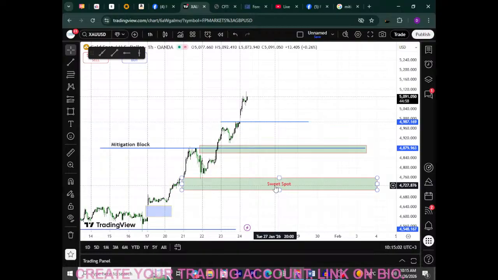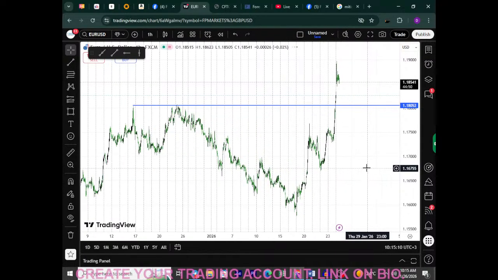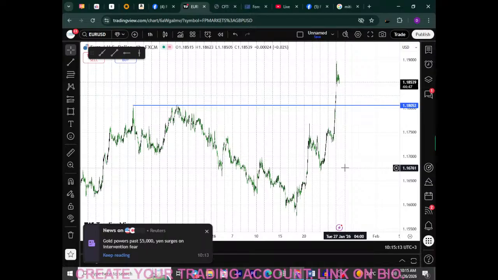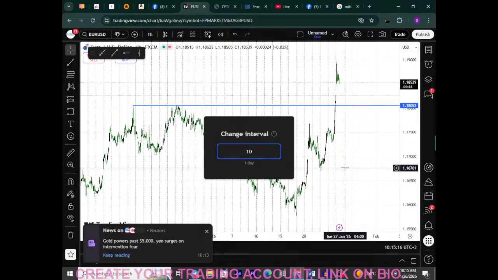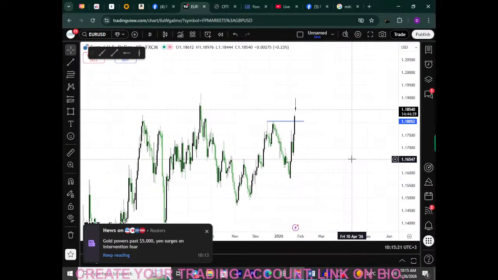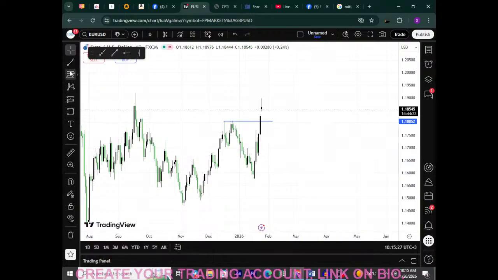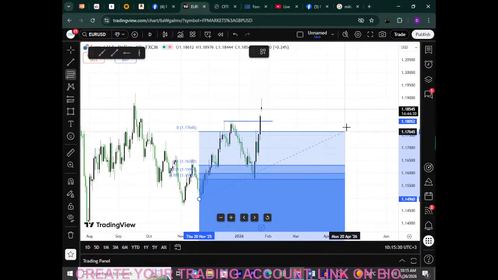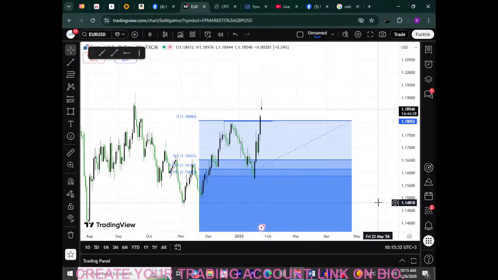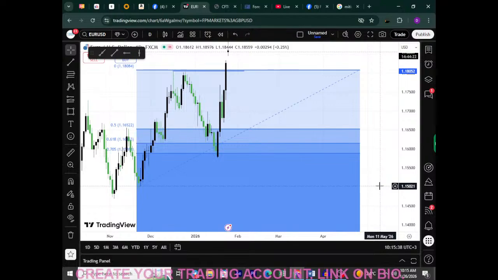Now the other pair is Euro USD. You can see Euro USD when you put on your fib, so that you can see that the fib is one of the most accurate entry and exit tools we have out there.